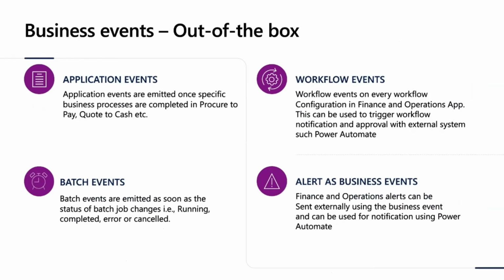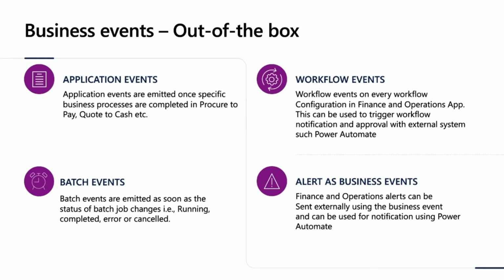Now, there are a few main types of events which we provide out of the box. Application events, where you have different business processes in procure to pay or quote to cash areas. One simple example could be once you post a customer invoice or a sales order is delivered. So these are some of the key business processes within procure to pay or quote to cash applications.